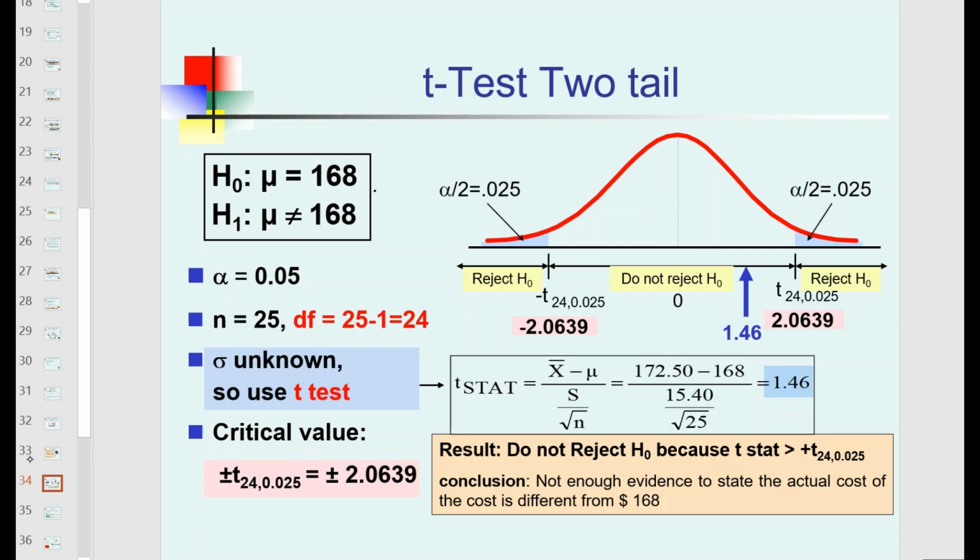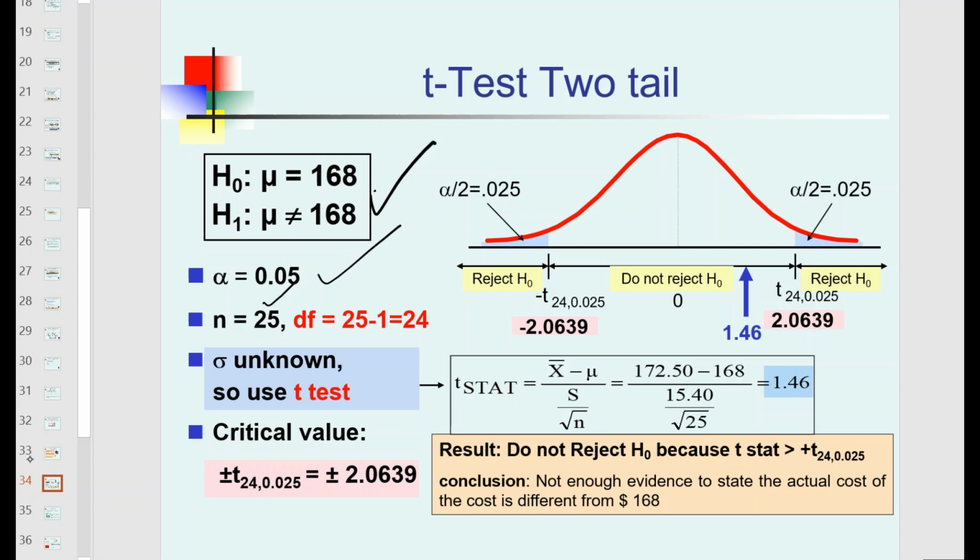This is already described, and alpha equals 0.05 is also given in the question. Because you use the T table, and how to read from the T table I have already explained in the previous lecture, I hope that you can do some revision on this.